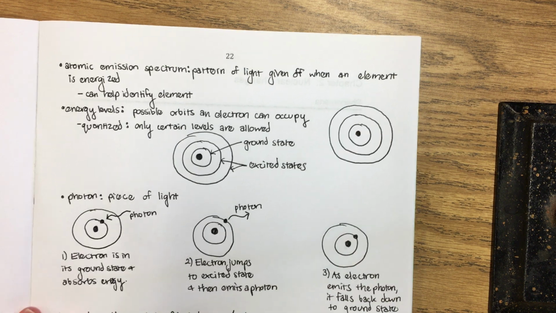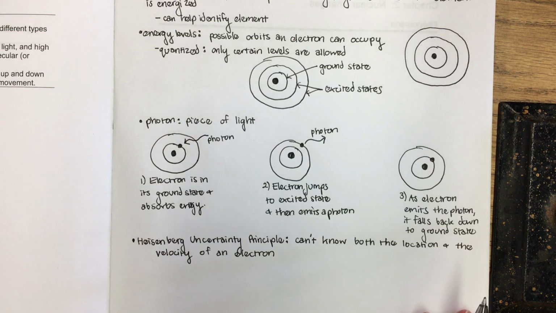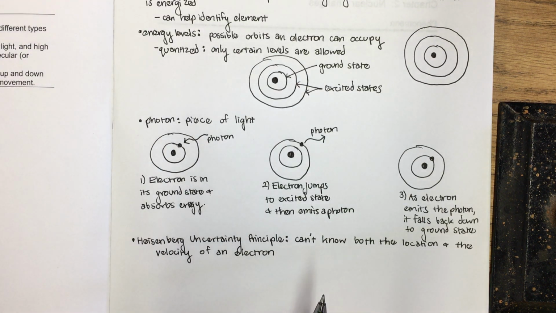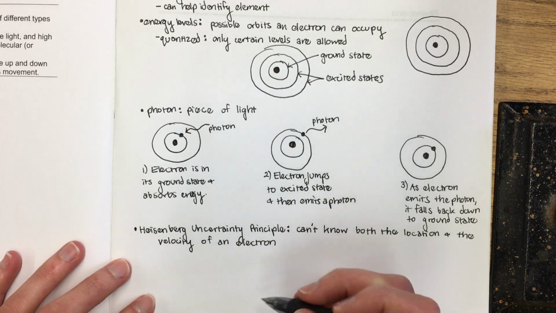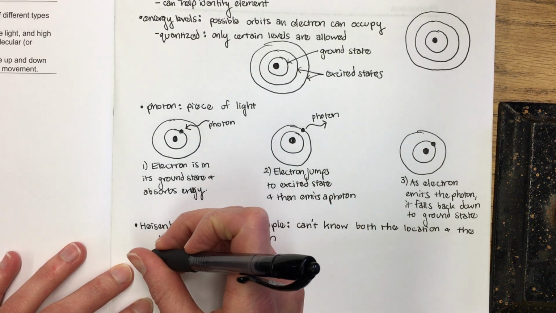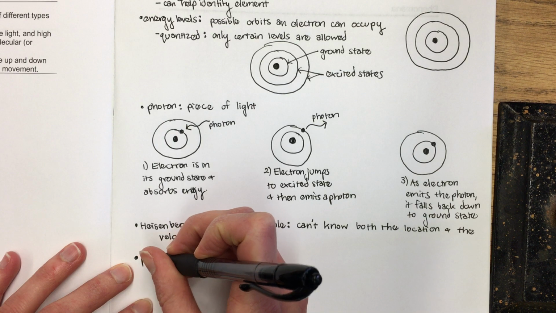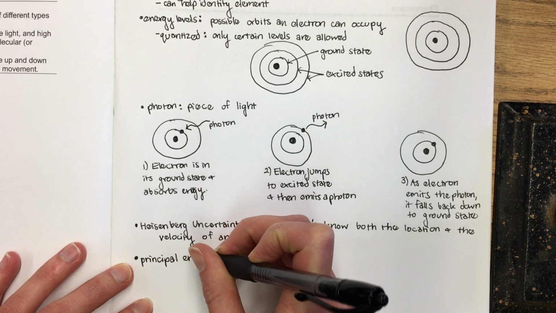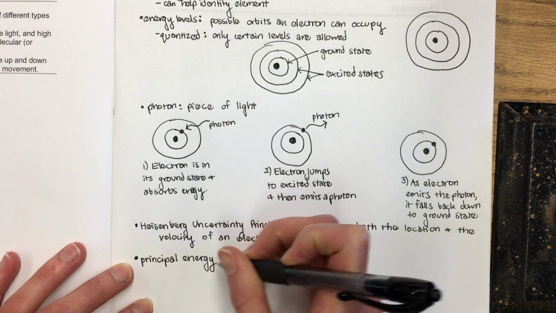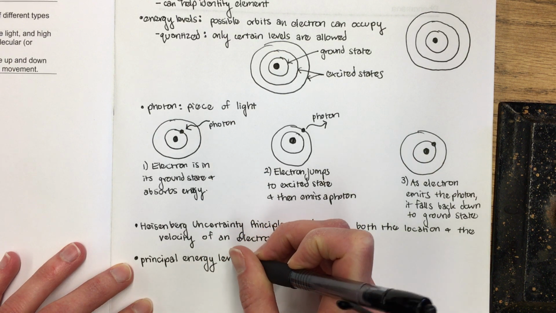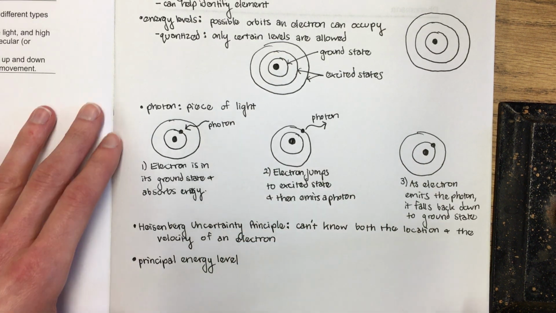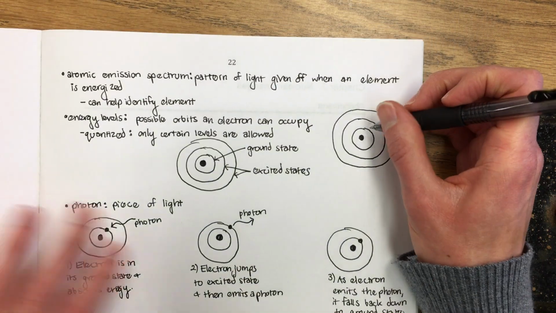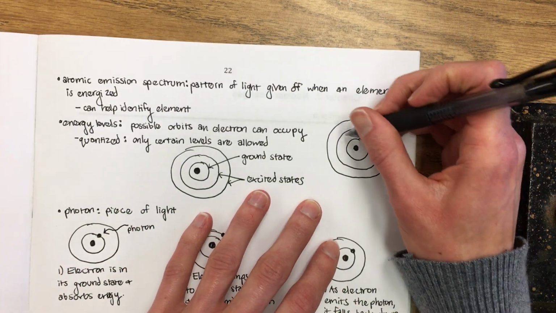The principal energy level is spelled like this. There are 3 principal energy levels in this atom. There's more in other atoms.